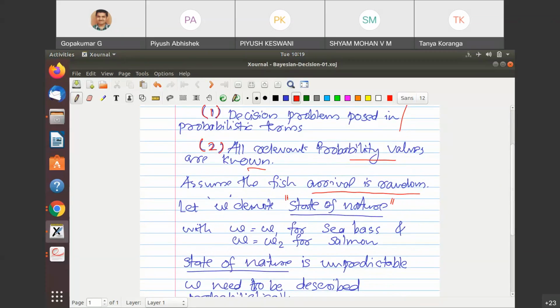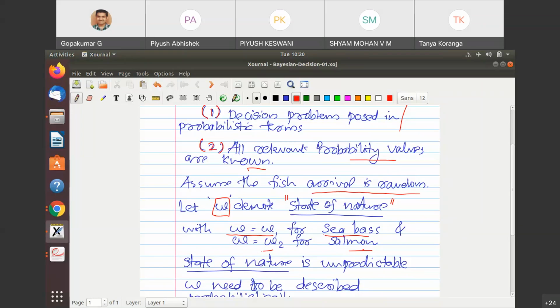So we assume that W represents the state of the nature, that is, in which state the nature is: whether it is sea bass or salmon, or in another case class A, class B or class C. We assume that the state of the nature is W1 when sea bass comes, and W is equal to W2 when salmon arrives. That is the concept of state of the nature.